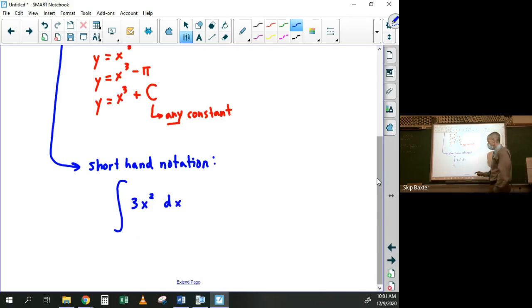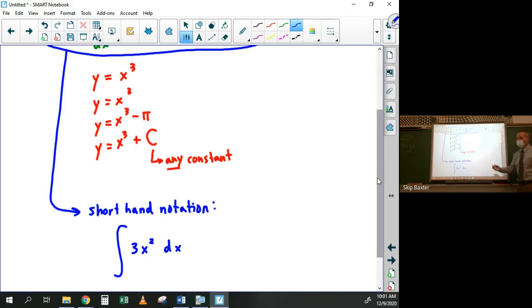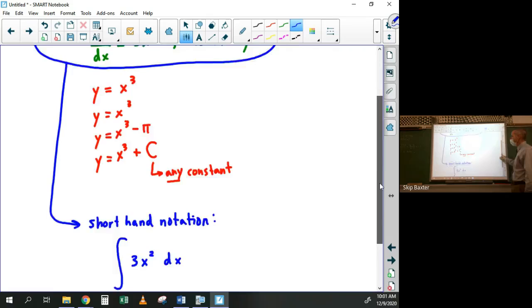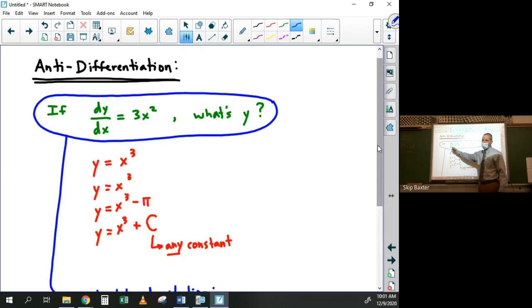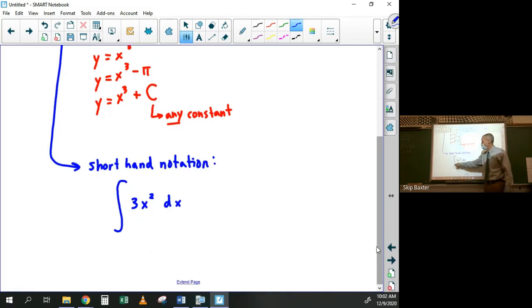Okay, that's the notation. The dx is necessary more for when you're talking about multivariable calculus where there are x's and y's, and this is sort of to tell you what variable you're dealing with. Just like when you have dy/dx, the dx is telling you what variable you're dealing with. It's the same concept here. The dx, just think of it as part of this symbol.